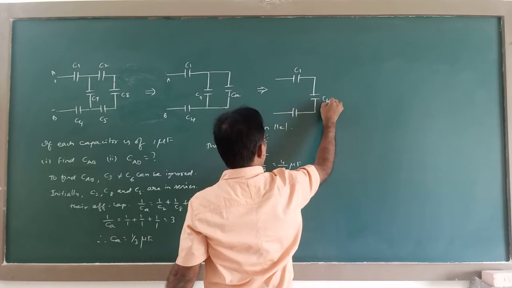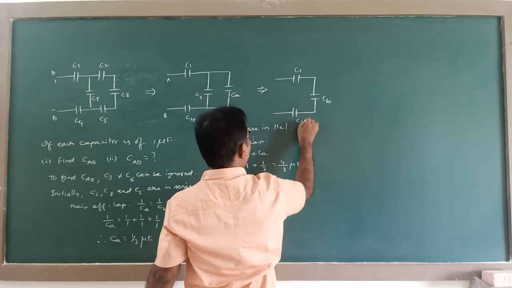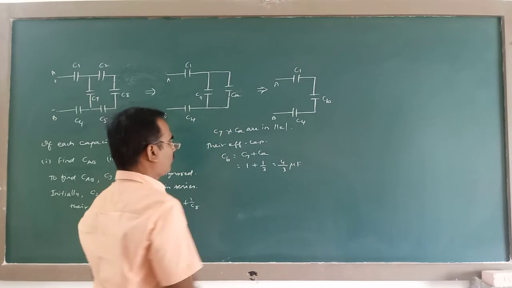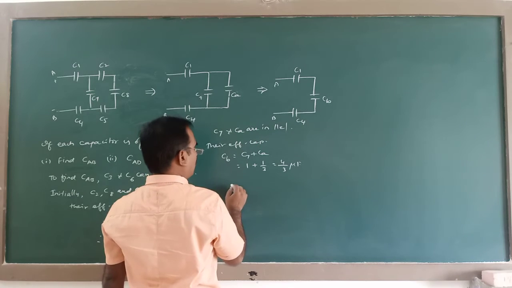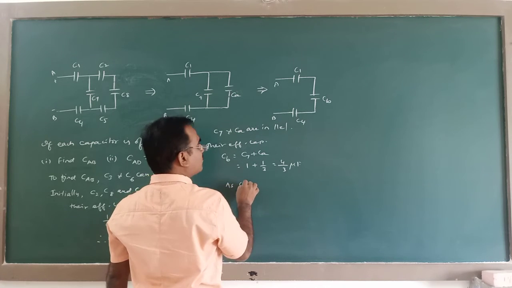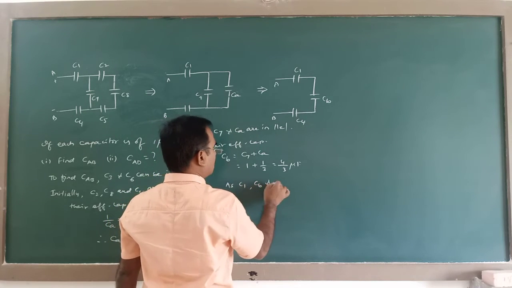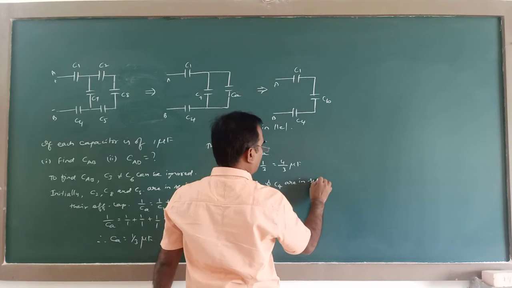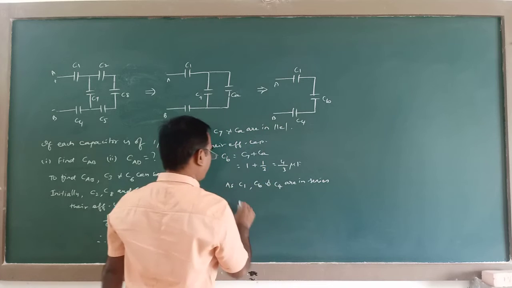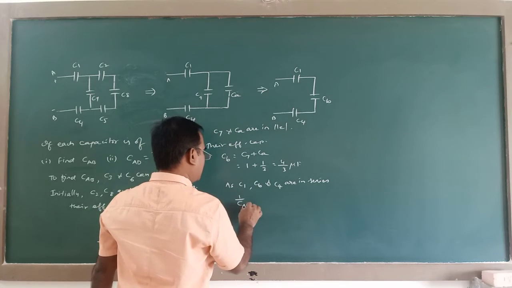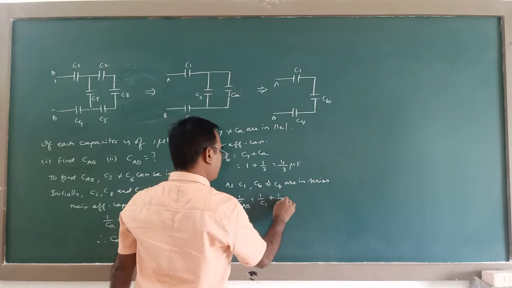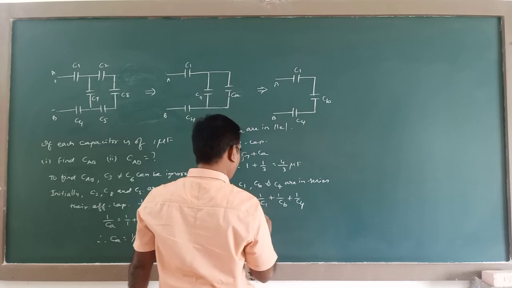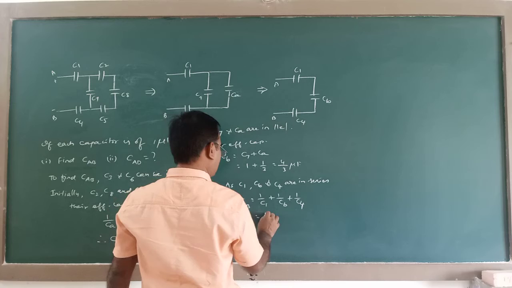That means these 2 are replaced by a single capacitor like this. So C1, CB, C4. As C1, CB and C4 are in series, 1 by CAB is equal to 1 by C1 plus 1 by CB plus 1 by C4.